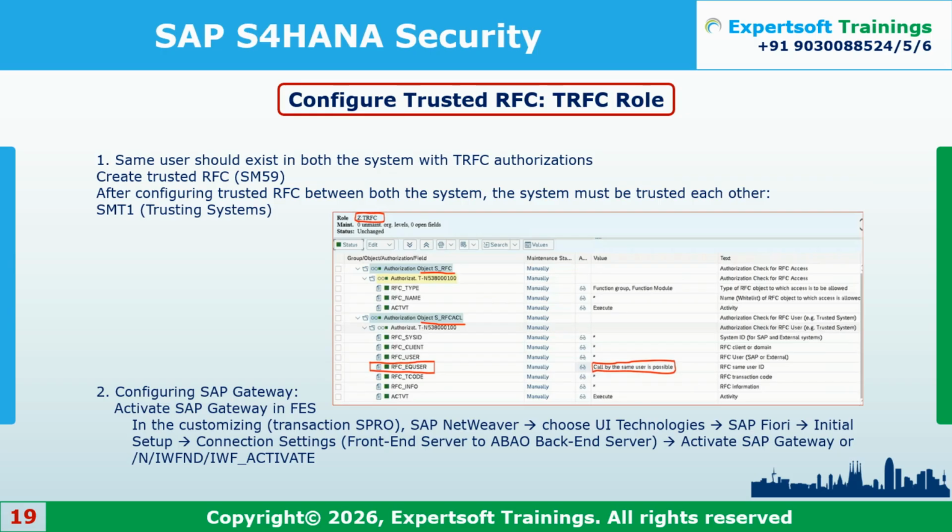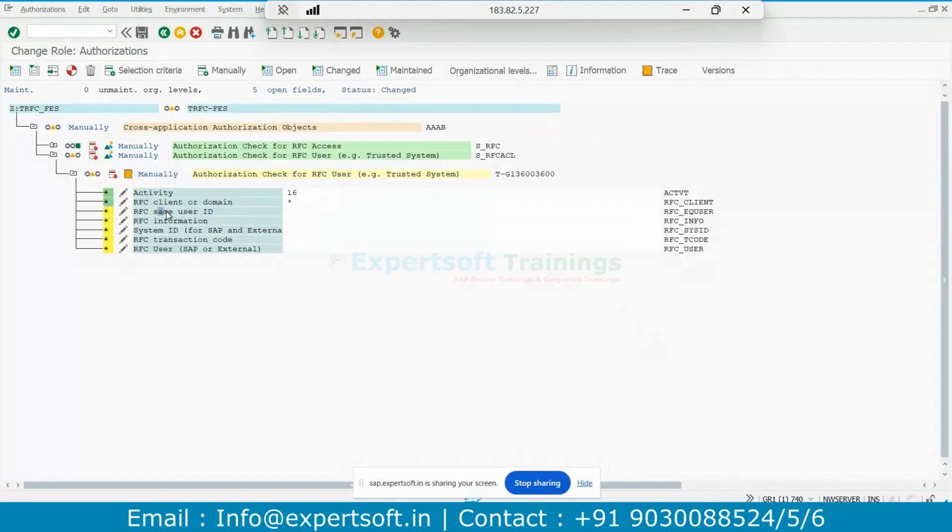That means the user ID you created here, the same user ID we can create in the backend system, and both are communicated. So the front-end system user is called by the backend system user, and the backend system user is called by the front-end system user. That's why RFC same user ID is nothing but the same user ID.